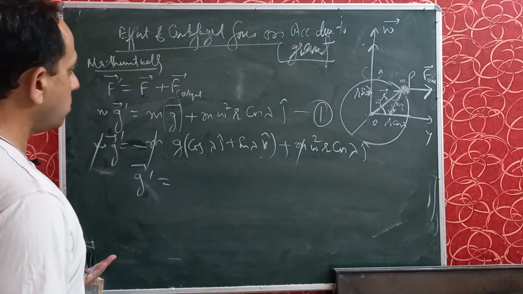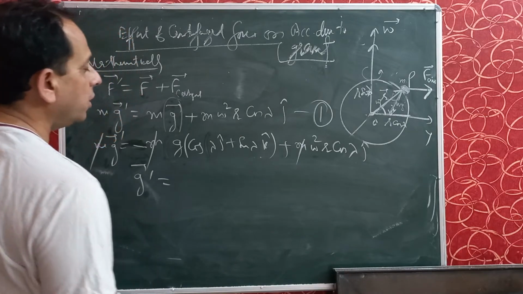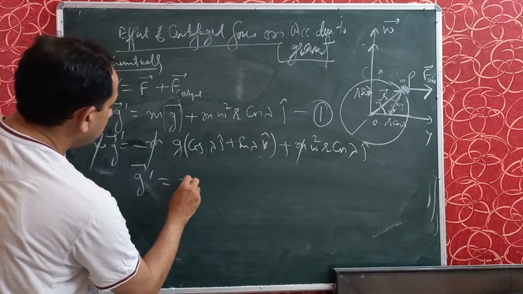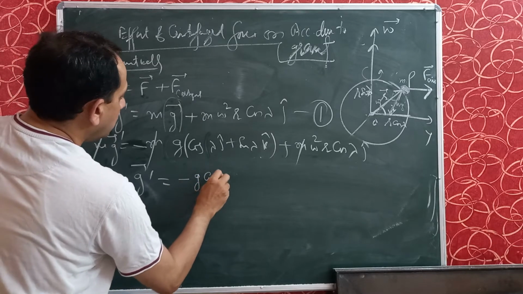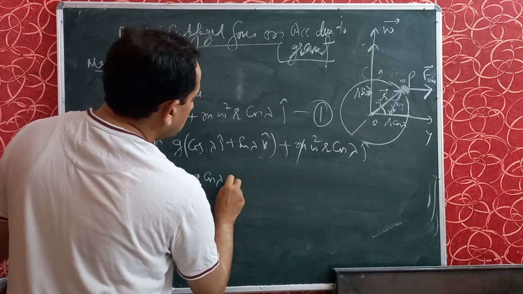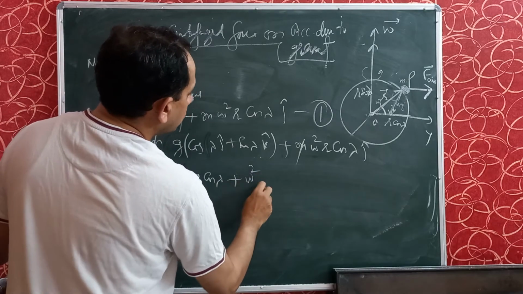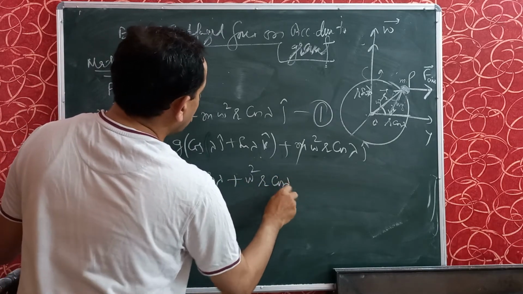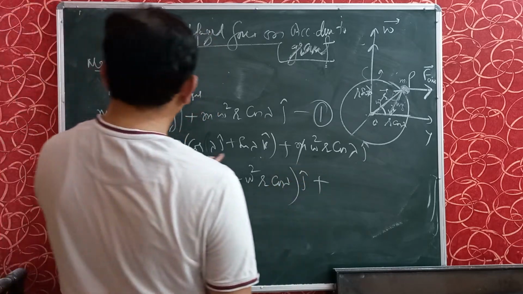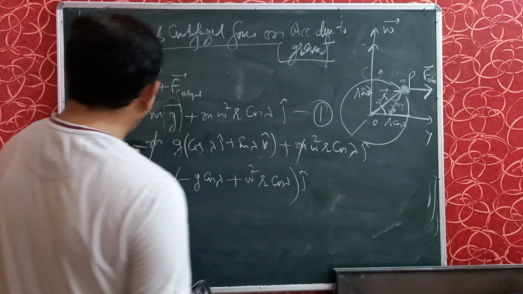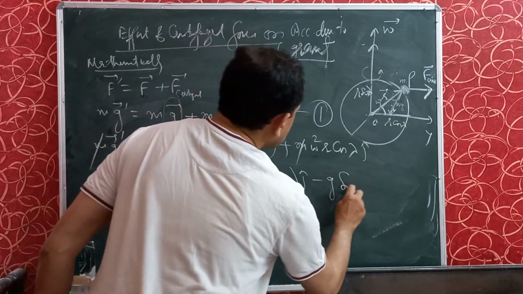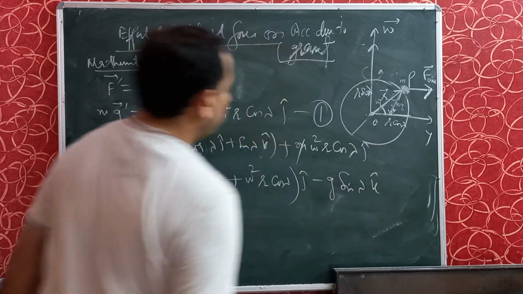Now we can combine the j components as well as k components. Here it is minus g cos lambda plus omega square r cos lambda into j cap, plus minus g sine lambda into k cap.